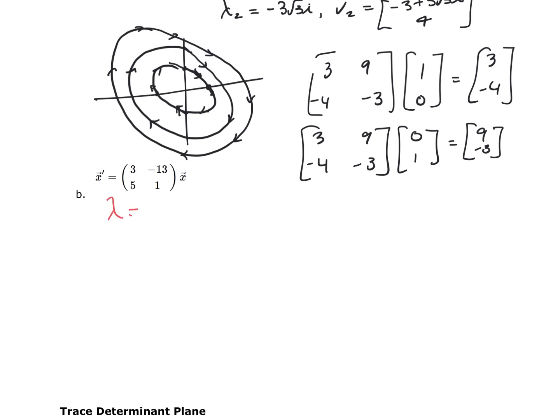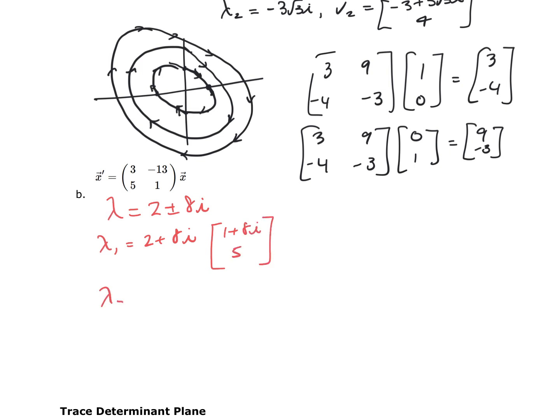So my lambda is equal to 2 plus or minus 8i, and my 2 eigenvectors, if I use the lambda 1, is equal to 2 plus 8i. The eigenvector that is associated to that is 1 plus 8i and 5.